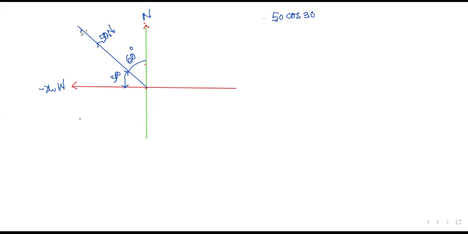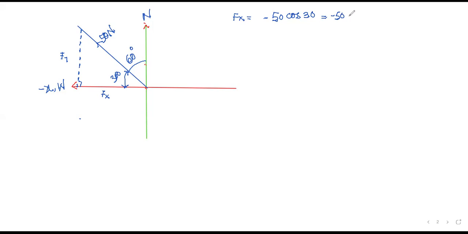So let me draw something. Using this angle, this is the opposite. This is the adjacent or horizontal. So Fx would be cos of 30 equals Fx over 50. And because it falls within the negative x, this is negative. Cos 30 is equal to root 3 on 2, which is 0.866.